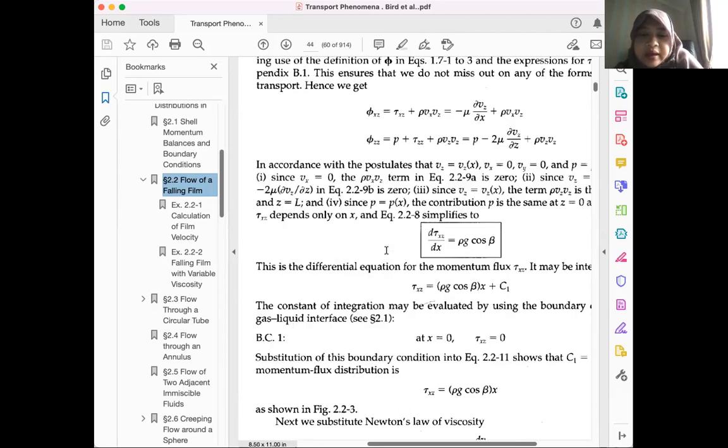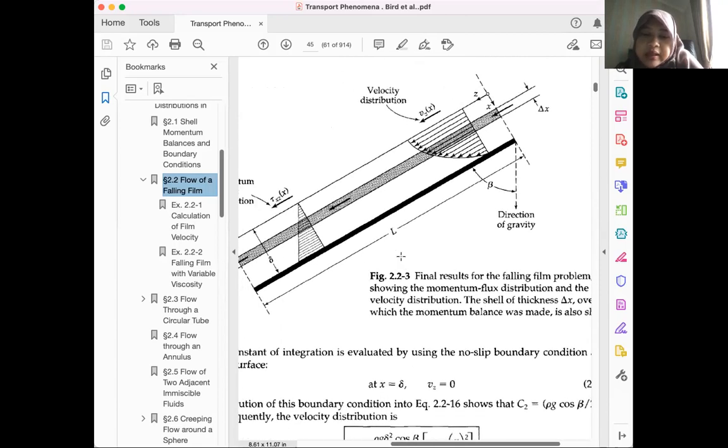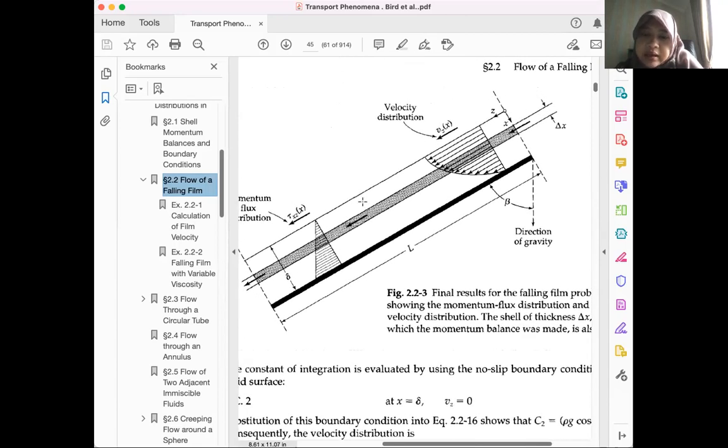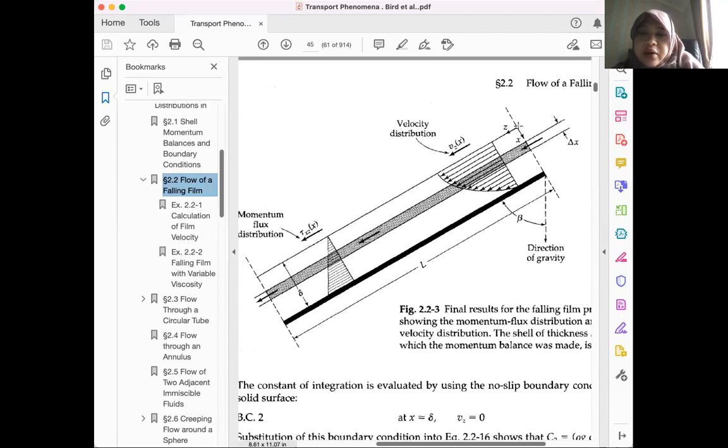This is the input, and that would be the output, of course. But this is an open system because if you see here on the z-axis, when x equals 0, there is the gas or the atmospheric air, and this is the fluid. So this is an open system.